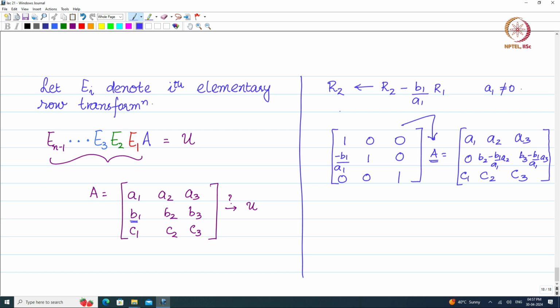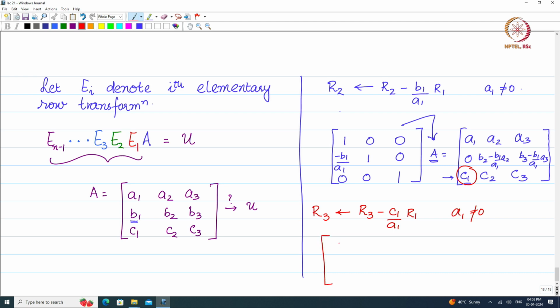Now, once we get to this matrix, what are we going to do? I want to make this particular coordinate 0, and we know how to do that. You basically do another elementary row operation where you say R3 tends to R3 minus C1 by A1 times R1. Again A1 is not equal to 0, that is something which we maintain because divide by 0 will be a problem.